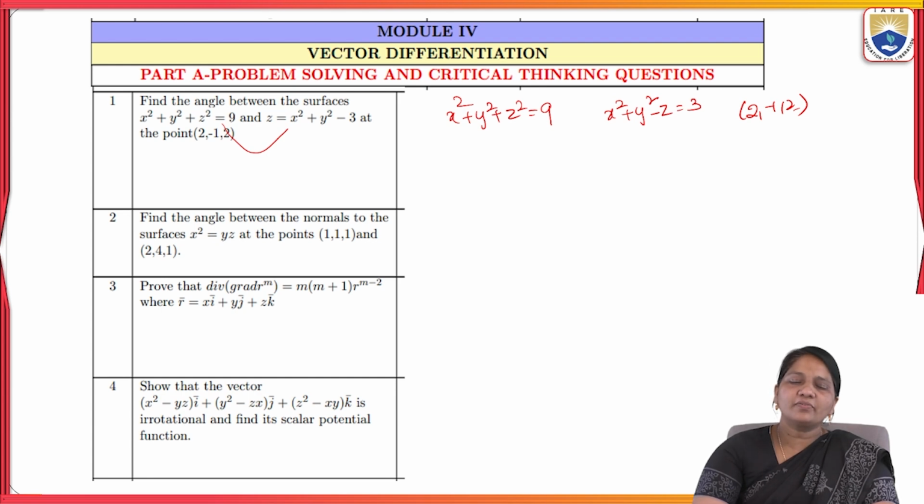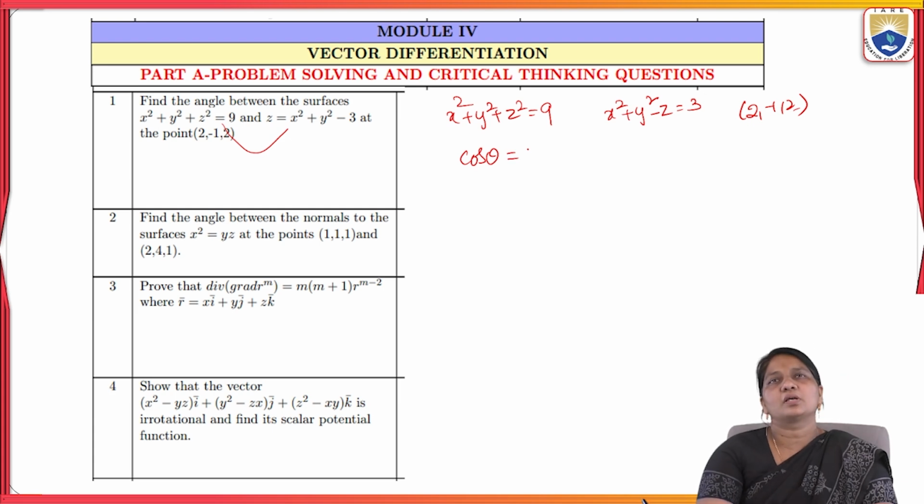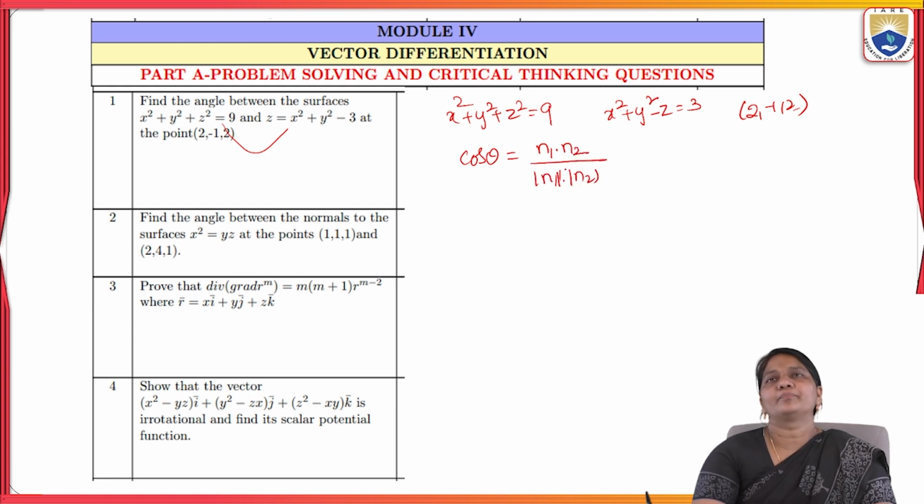First of all, what is the formula for the angle? If you know that formula, we can find this value. So the angle between the surfaces is the angle between the normals. We use the formula cos θ = n1 · n2 / (|n1| |n2|). Otherwise, A · B / (|A| |B|).